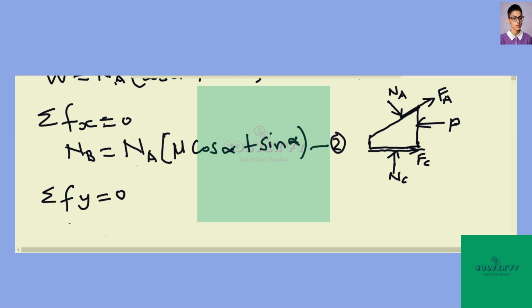We're going to arrive at NC, the normal reaction at C, will be equal to the normal reaction at A cos alpha minus mu, normal reaction at A, sine alpha. We can call this equation 3.